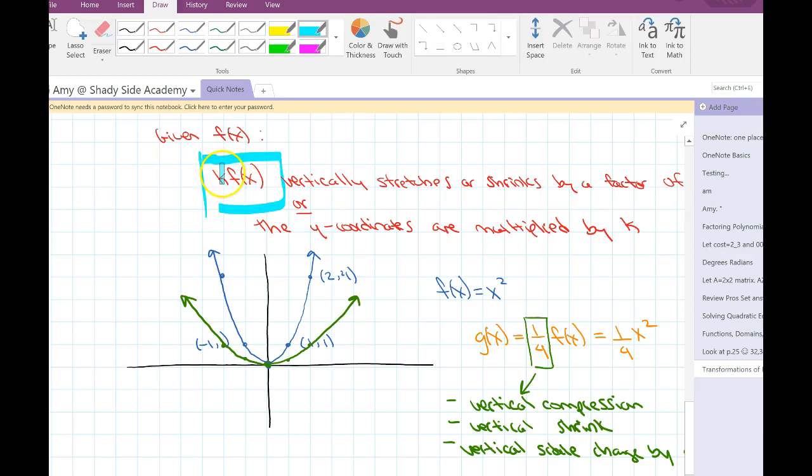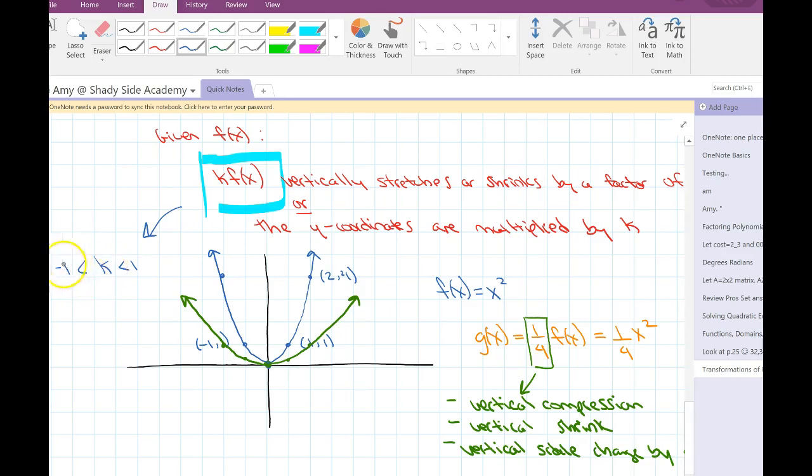But if k is between negative 1 and 1, is it a vertical stretch or a vertical shrink? Yes, it's a vertical shrink or vertical compression.